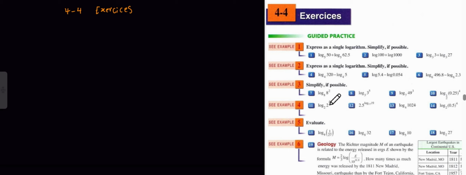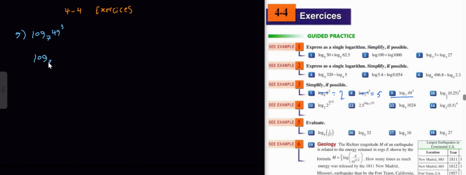If you see here in example 3, it says simplify if possible. You have log 8 and base 8 and 8 to the power 2. We can cancel these two and 2 is remaining. In exercise 8, these two will cancel because they are the same and 5 is remaining. That's it. For number 9, let's solve it here. We can rewrite it like this.